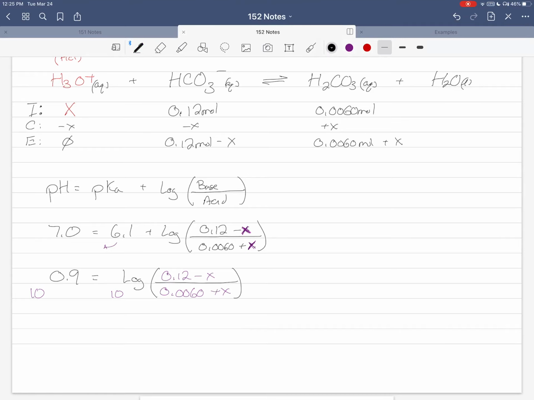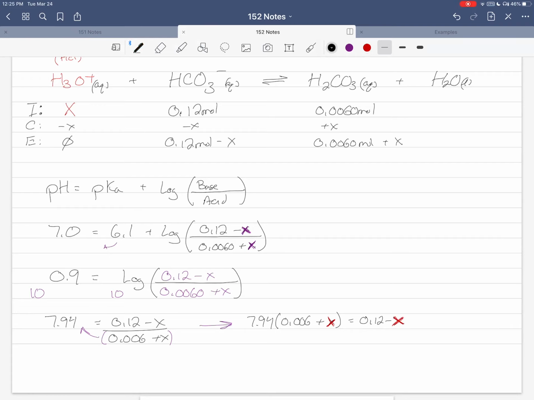And we get 7.94 equals 0.12 minus X all over 0.006 plus X. So I'll get 7.94 times (0.006 plus X) equals 0.12 minus X. And there's my X's.